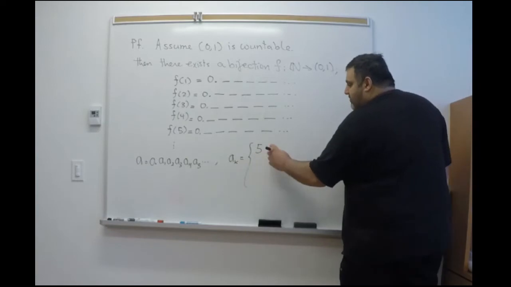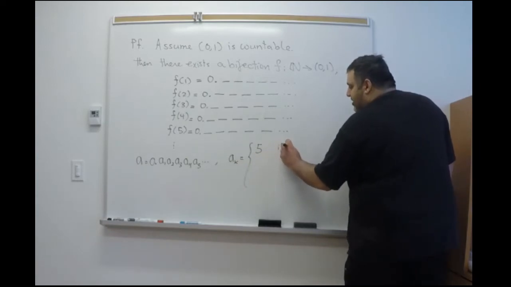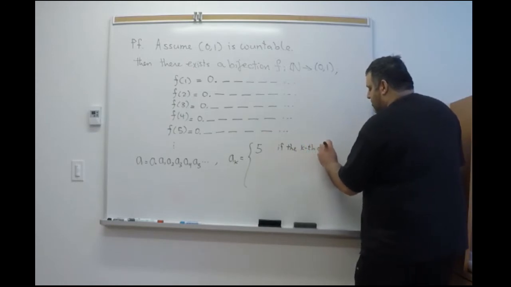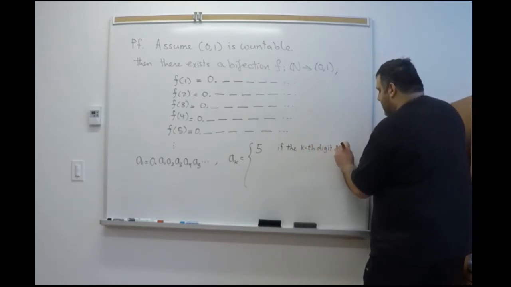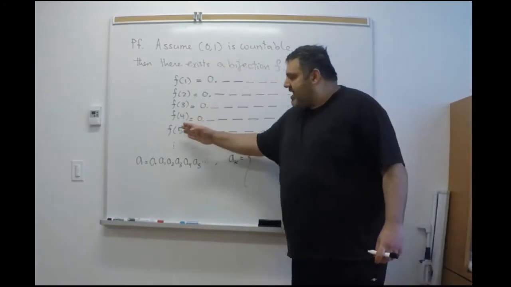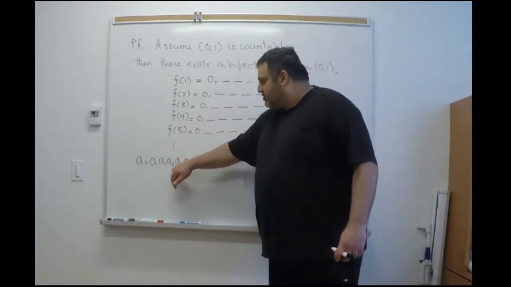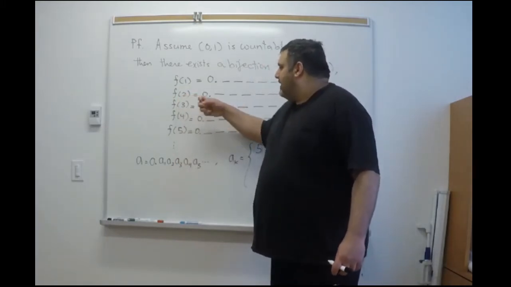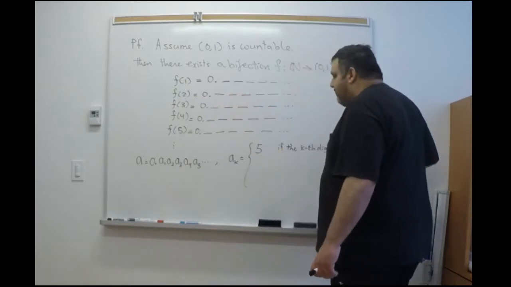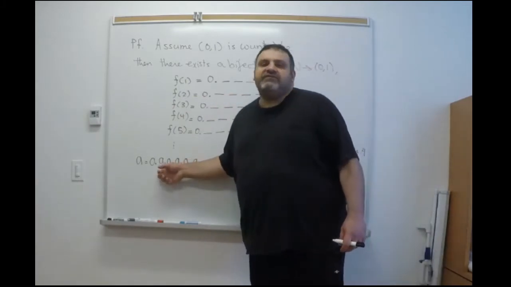So pick a_k to be 5 if the kth digit of f of k is 4. So for example, for a_2, if I go to f of 2 and I look at the second digit of f of 2, if the second digit happens to be 4, I pick a_2 to be 5.